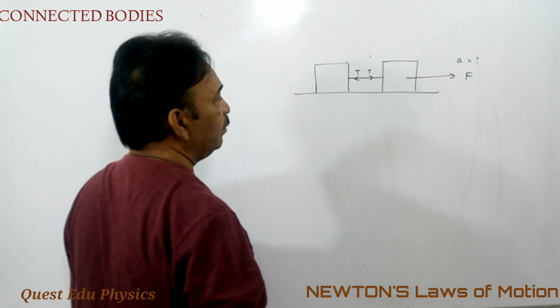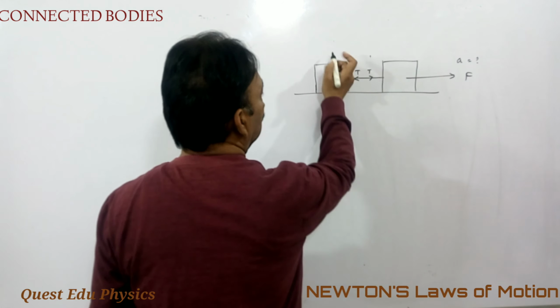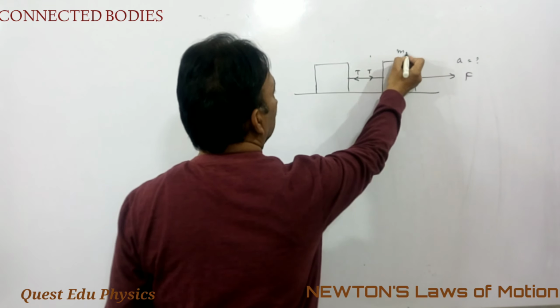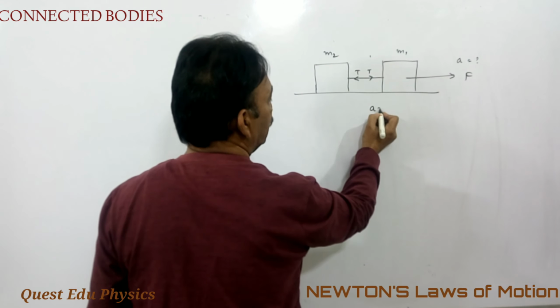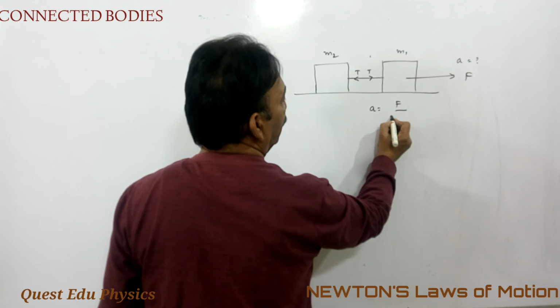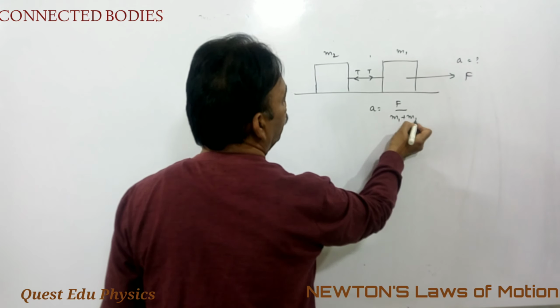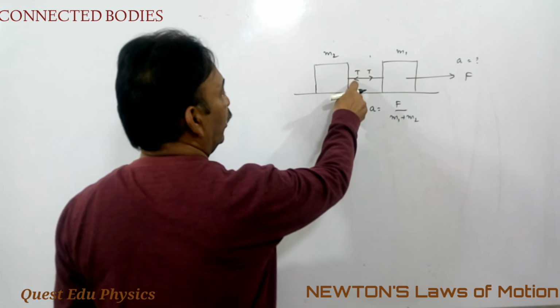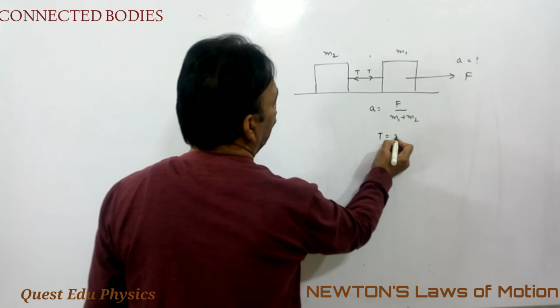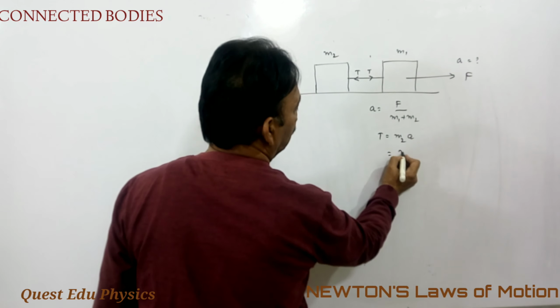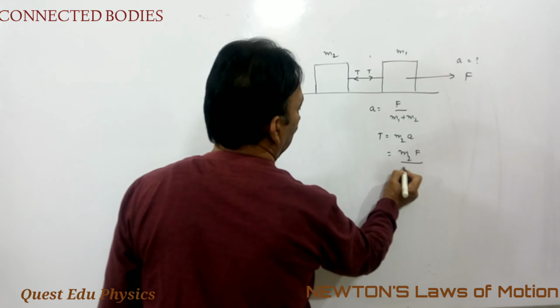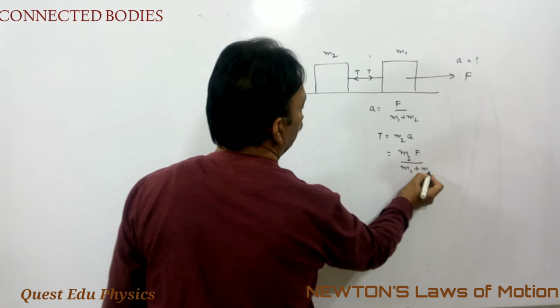You have to follow the same thing. Consider this one M1 and this one M2. To find the acceleration, A is equal to F by M1 plus M2. We got it? And we have to find the tension: T is equal to M2A, then M2F by M1 plus M2.